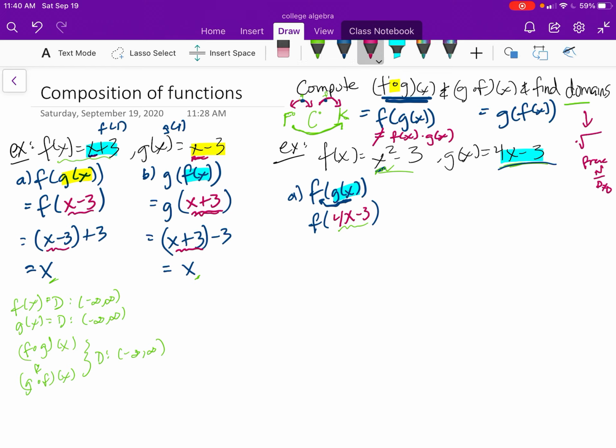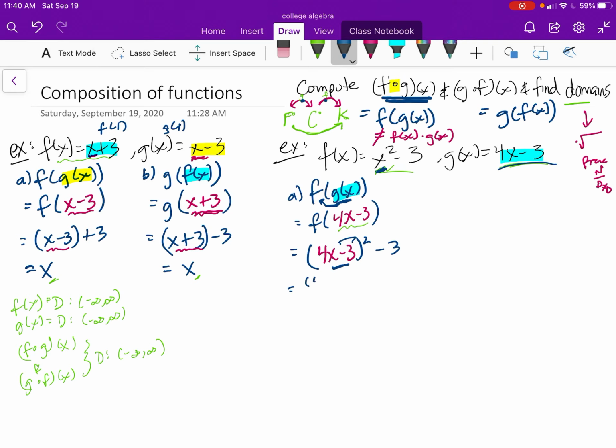So now I have (4x minus 3) squared minus 3. Right? I plugged g in for that x. We had x squared minus 3. Now I have (4x minus 3) squared minus 3. Okay. Remember when you FOIL this, you cannot distribute that 2 in.